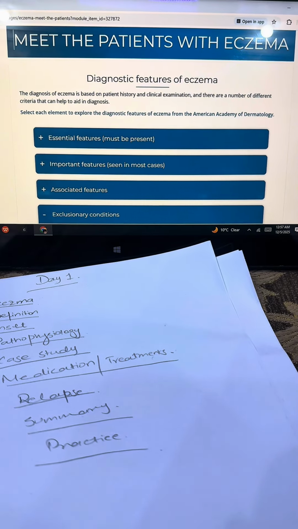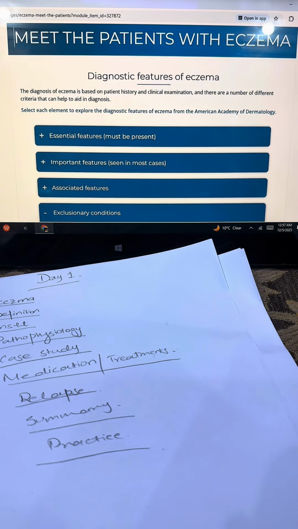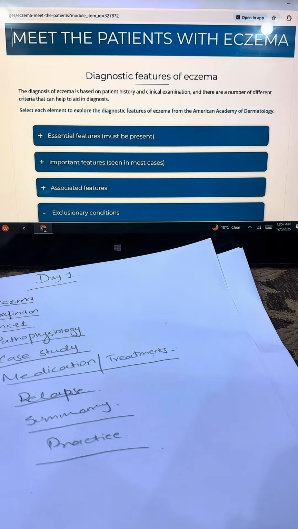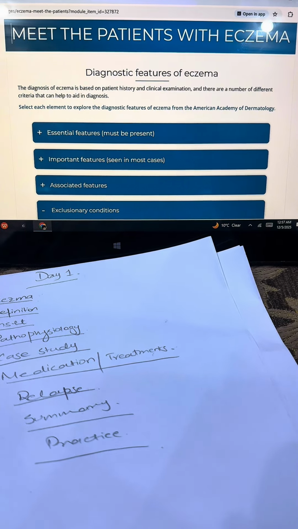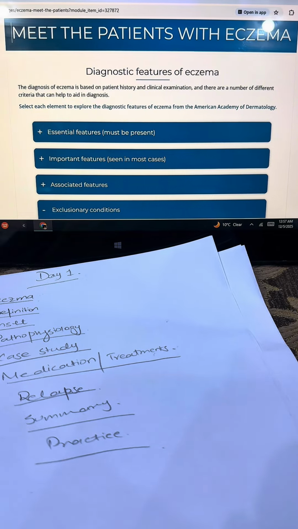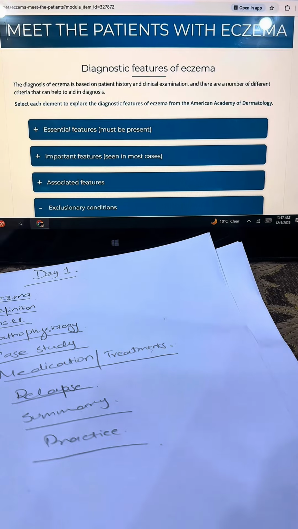Before we meet the patient with eczema, we must know the four key clinical parts about eczema. The diagnosis of eczema is based on patient history, clinical examination, and a number of differential criteria that may help to diagnose.